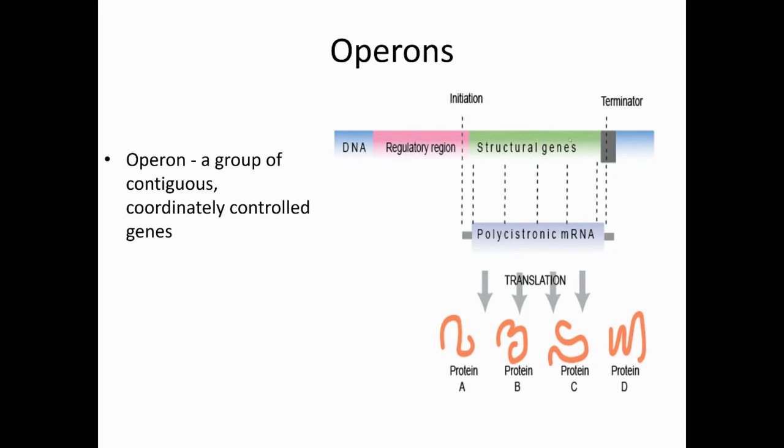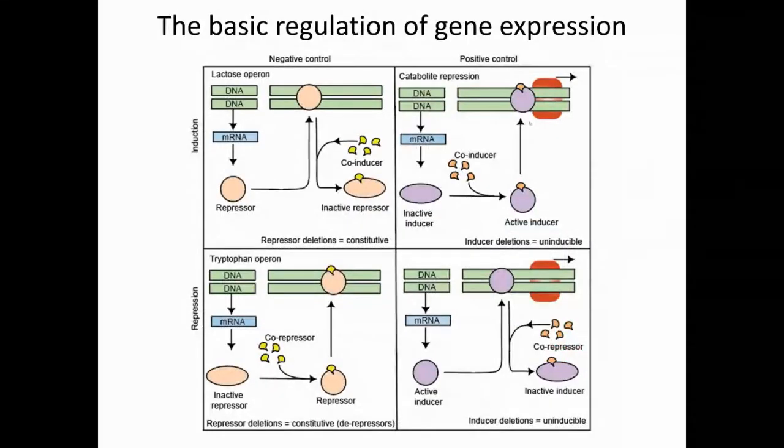Because all the genes in this operon are transcribed together to produce one message, we also call this a polycistronic message, okay? And there are several types of regulation.